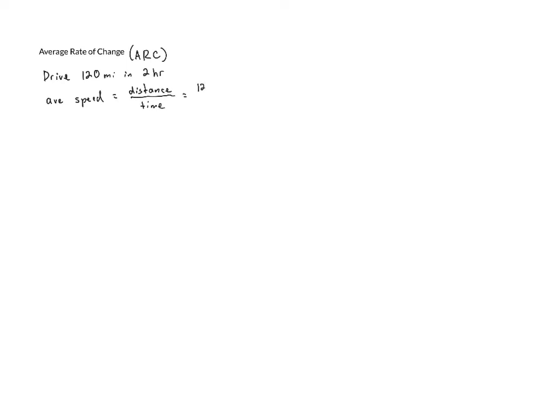So the distance was 120 miles, and the time was 2 hours. 120 divided by 2 is 60, and since we're dealing with miles and hours, this is 60 miles per hour.